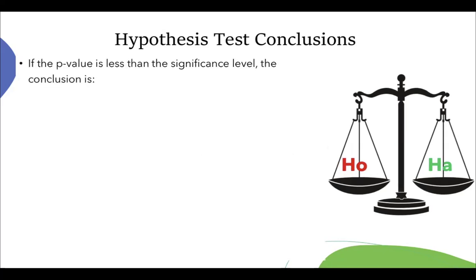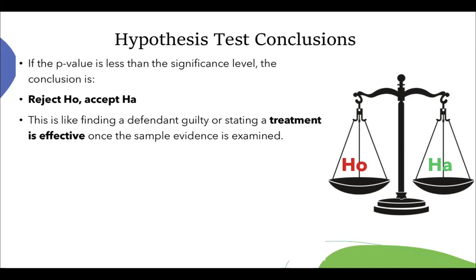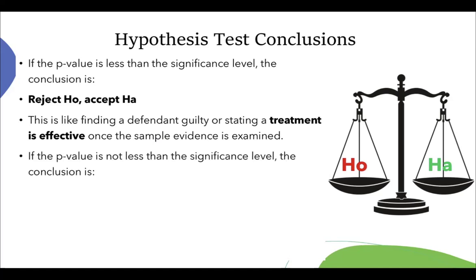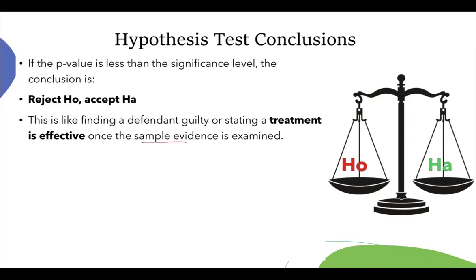If the p-value is less than the significance level, the conclusion is reject H0 and accept HA. This is like finding the defendant guilty or stating a treatment is effective once sample evidence is examined. You find your sample evidence, you examine it, it looks like it works, and therefore you conclude that the treatment is effective.